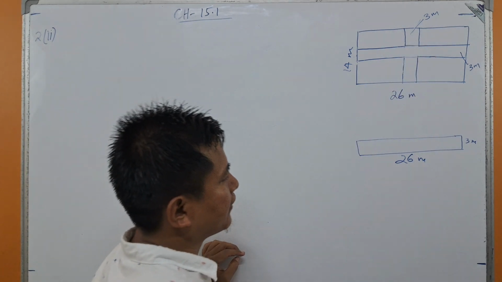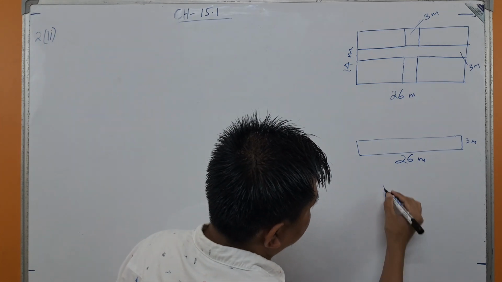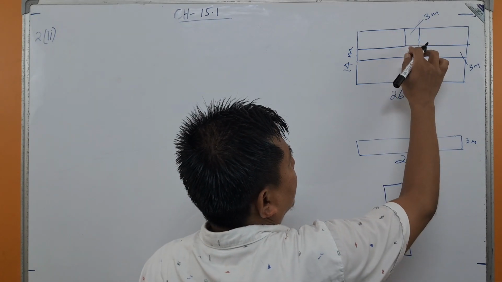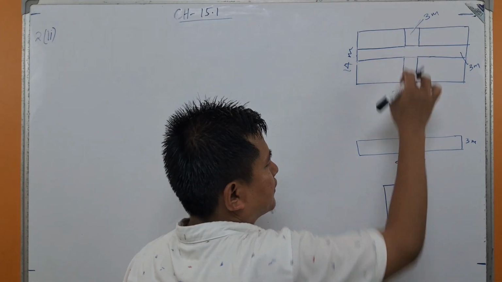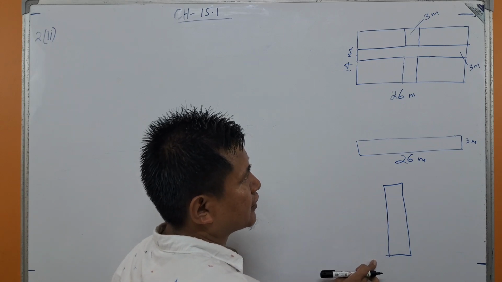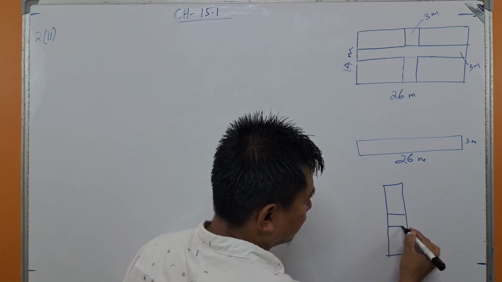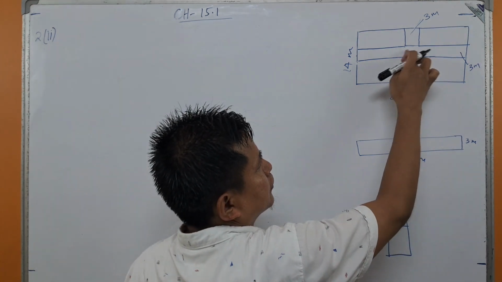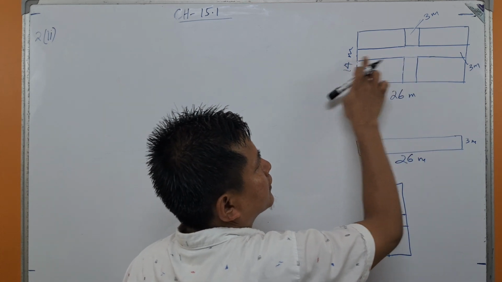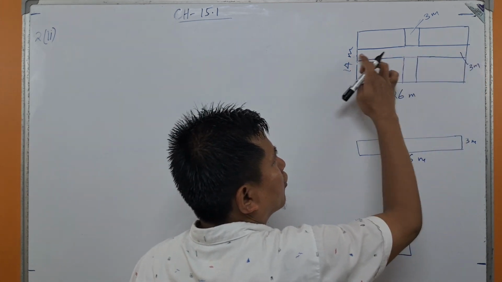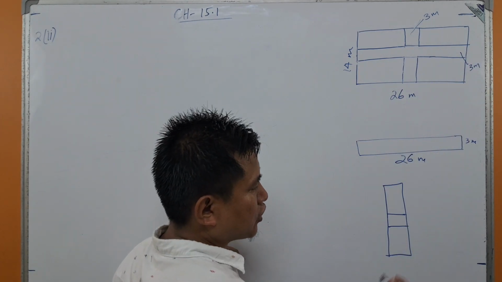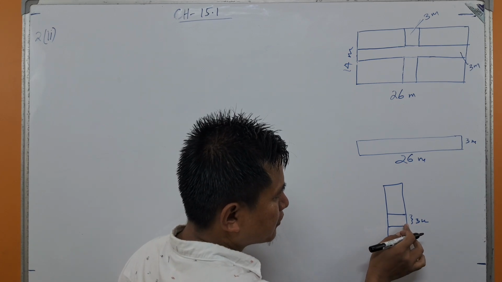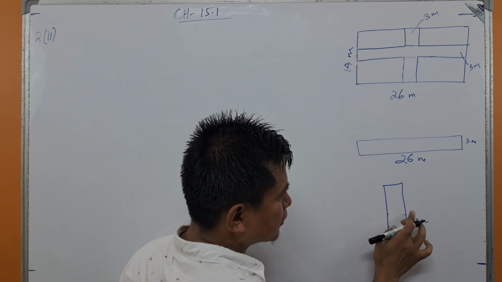How do we find that? Now see, here we have a rectangle. If we had not calculated the middle portion, then we would calculate the total length, isn't it? But here we have already calculated the middle portion. This 3 meter has already been calculated while calculating the length of this long rectangle. So what we do is we assume that this 3 meters is shifted to the top.